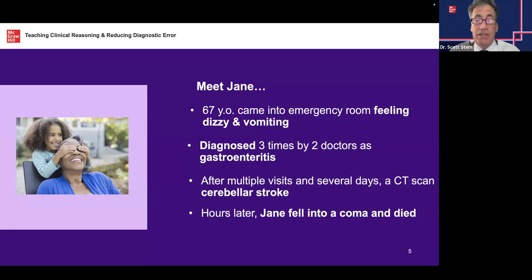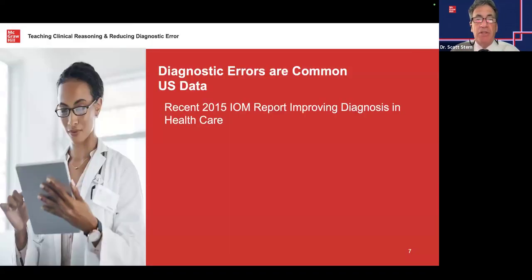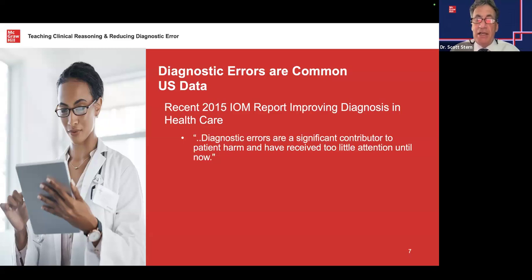But the real problem is that this is not uncommon. The scary truth is that clinicians often make the wrong diagnosis. And I was not surprised when the Institute of Medicine came out in 2015 and reported on this. What they concluded was that diagnostic errors are a significant contributor to patient harm and have received too little attention until now, with which I fully agree.